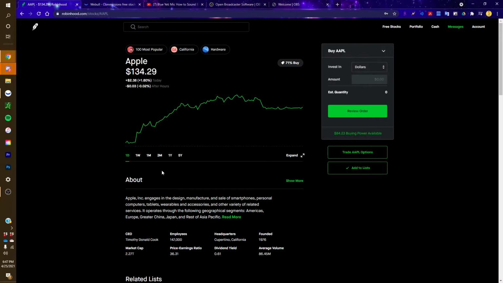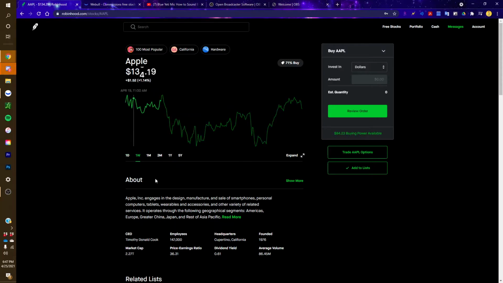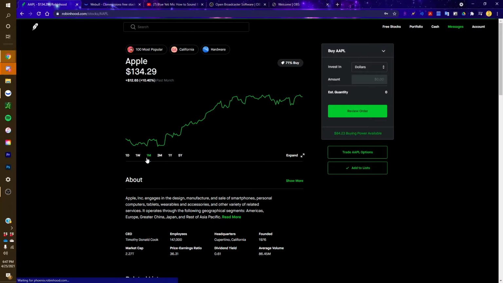So here we have Apple stock, which currently is priced at $134. And you can see here that in one day it went up $2, in a week went up 82 cents, and then in the past month it's gone up $12. So that's kind of showing you how Apple moves, and each stock has this. You can search up any stock.